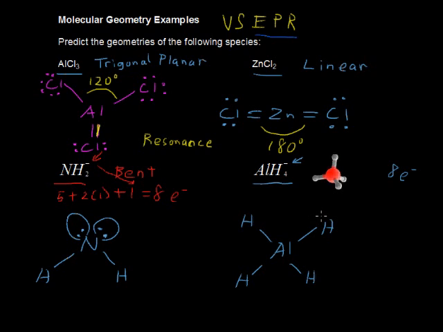Well, it turns out that all four of these are pushing on each other equally. The best way for this to organize itself is not in two dimensions, but to get as far apart as possible, which is actually in a three-dimensional model, and that's what I'm showing here.